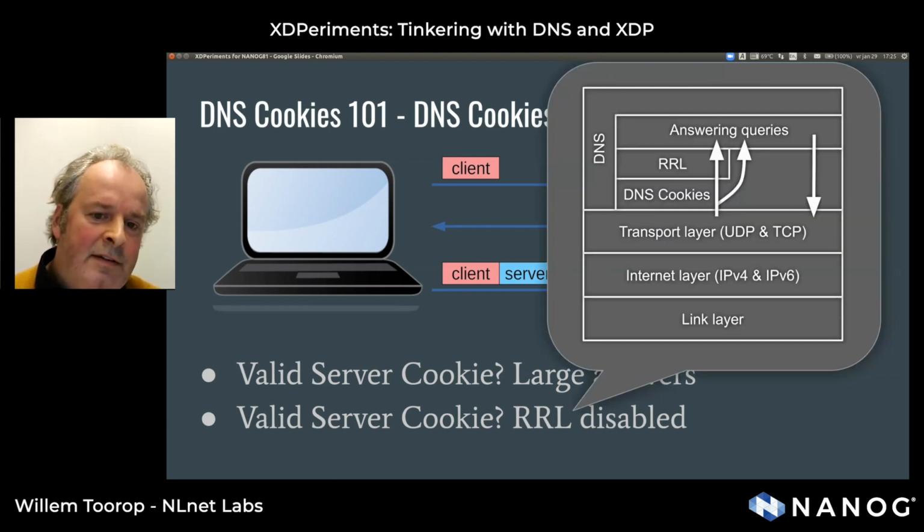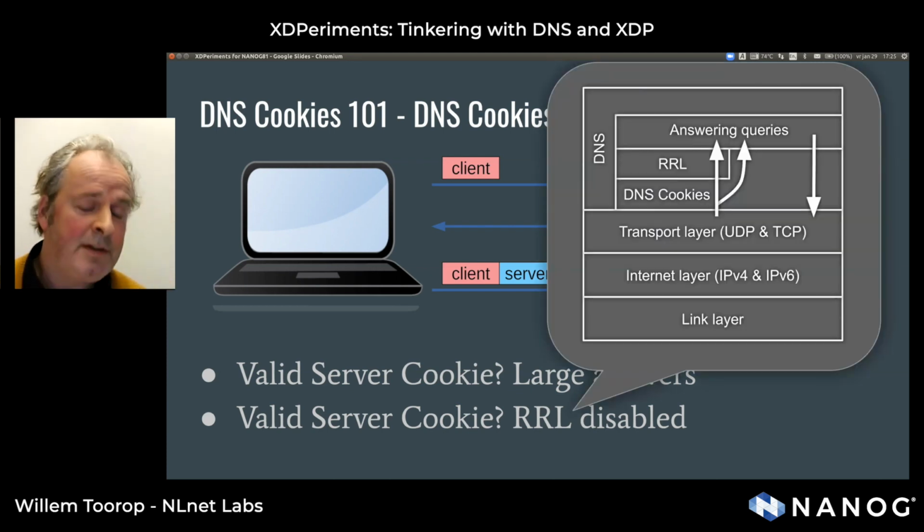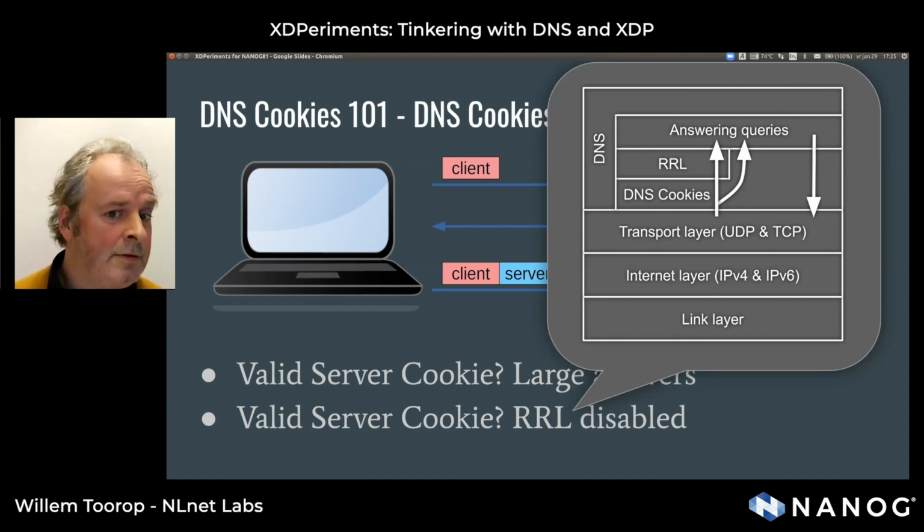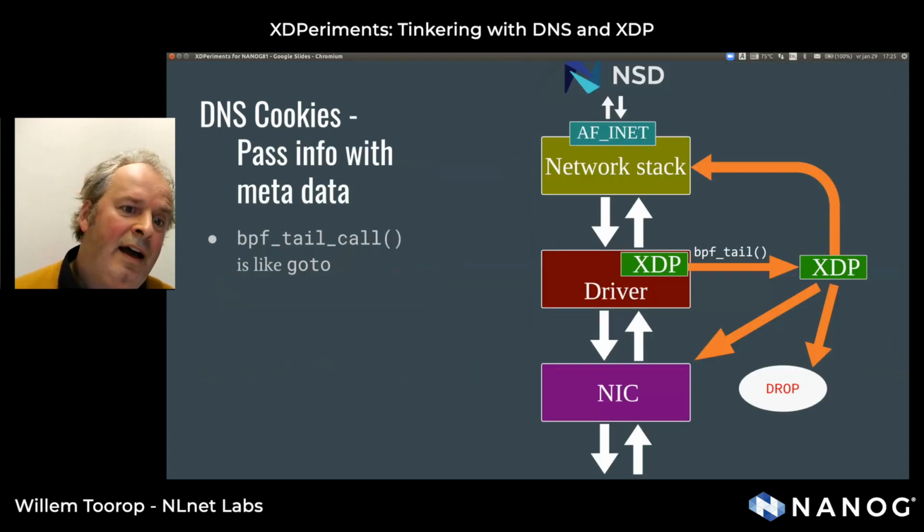So that means that if you do response rate limiting in XDP, you have to do DNS cookies in XDP as well, because otherwise XDP would do the response rate limiting before your name server can do DNS cookies. Luckily, there is this call in BPF, which is called a tail call, and you can basically chain multiple XDP programs after each other.